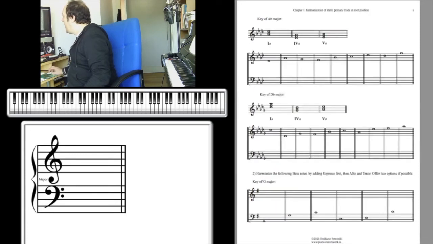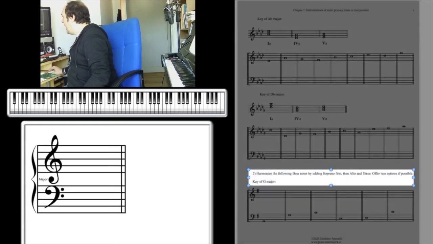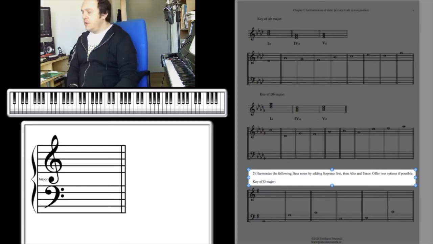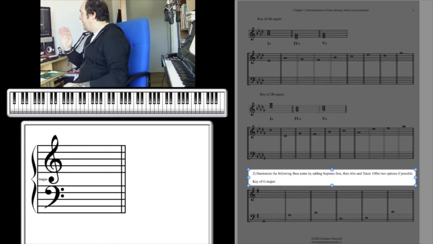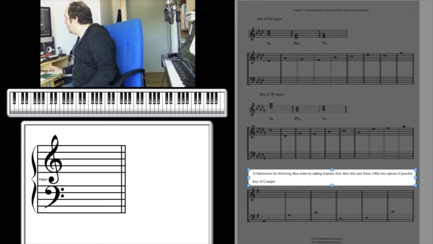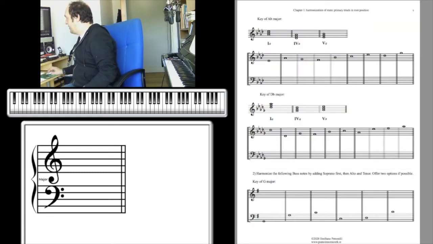From page 9 onwards, harmonize the bass. Well, not a line. Sorry, it's wrong. It's not right to talk about a line now, because they are individual chords. It's not a line. It's notes. We're not talking about lines yet.